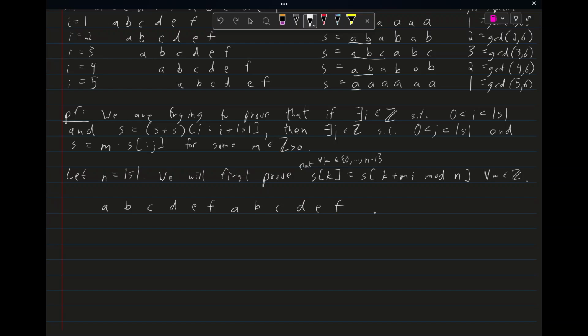So let's give an example here: A, B, C, D, E, F. This is where s is doubled.